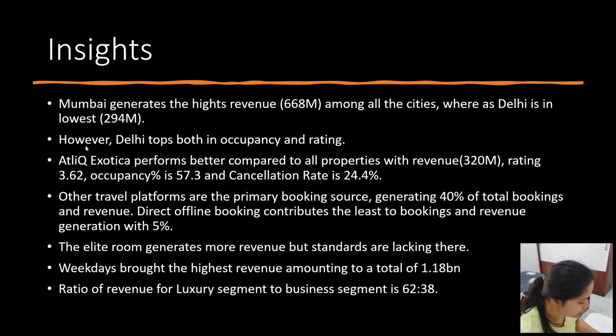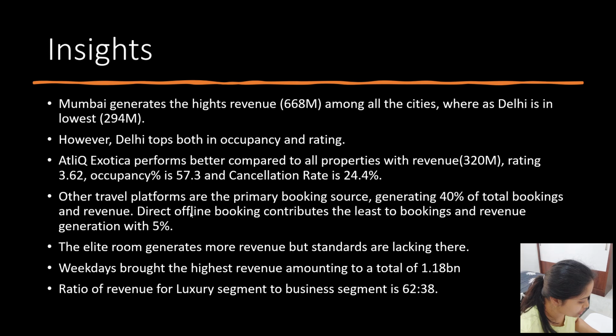However, Delhi tops both in occupancy and rating. AtliQ Exotica performs better compared to all properties with revenue of 320 millions, a rating of 3.6, occupancy percentage of 57%, and cancellation rate of 24%.